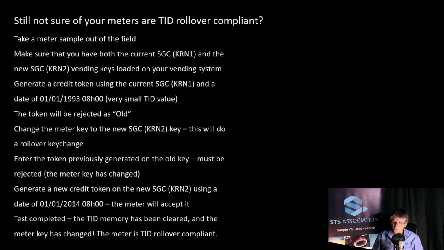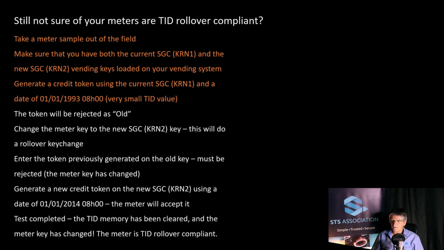And if you're still not sure, then take a meter sample out of the field. Make sure you have both the current SGC that will be on key revision 1 and the new SGC which will be on key revision 2 vending keys loaded into your vending system.